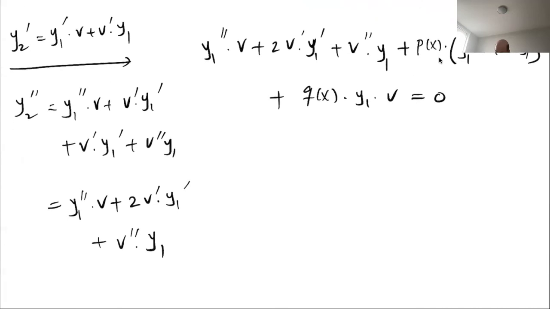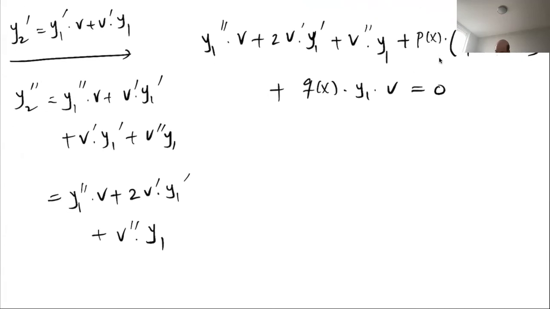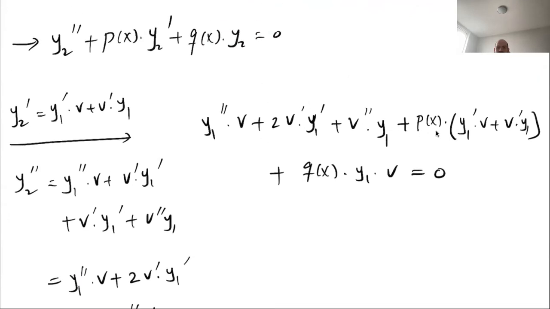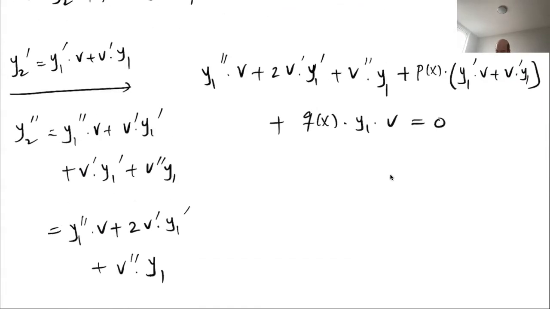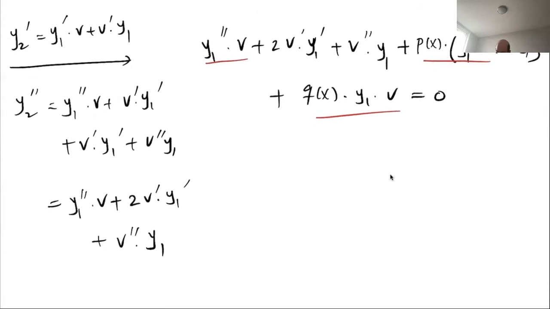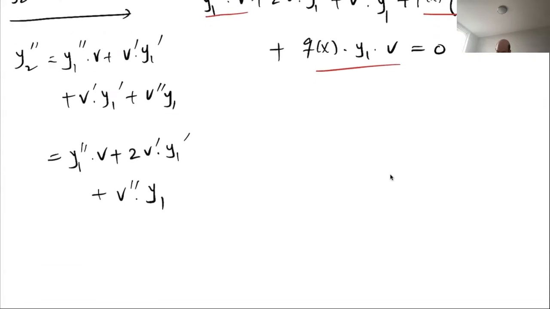Now if we arrange the terms, there are a few terms that all contain v. For example, this one contains v only, this one contains v only, this one contains v only. Let me take v out from these three terms, so I want to regroup them together.